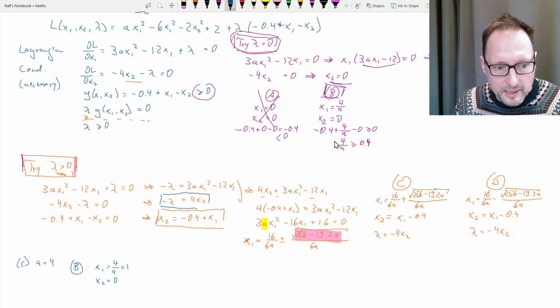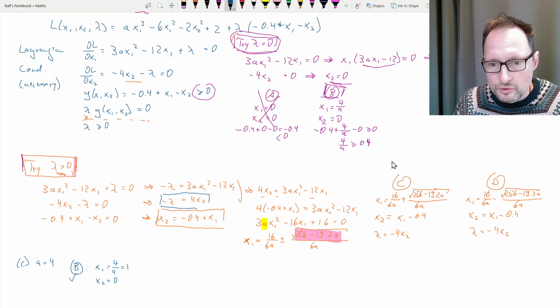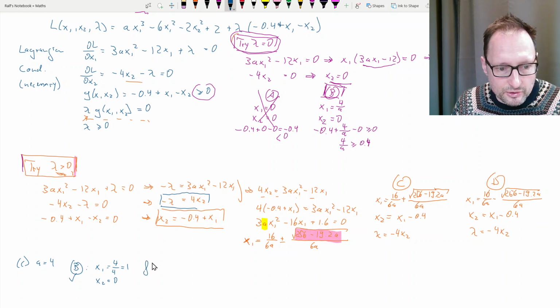Is the constraint met? Well, if we go back here, we have negative 0.4 plus 1, which is equal to 0.6, which is larger than 0. So at this point, this is allowed. Now we will also need to eventually compare to potentially both C and D. We will need the function value at 1, 0.